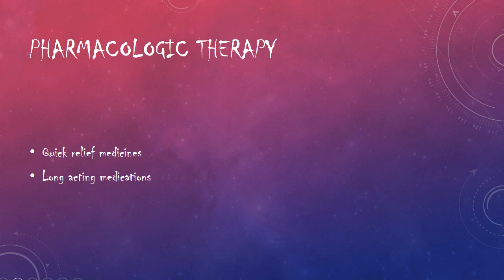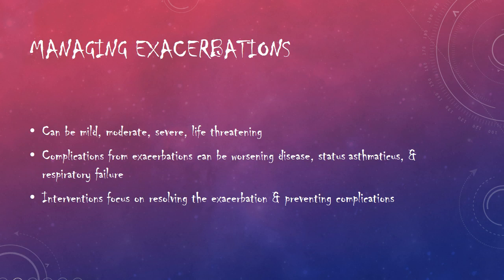So again, we have pharmacological therapy, which we have rescue medicines, which is the short-acting medicine, the short-acting bronchodilator, the albuterol. And then we have our long-acting medicines, which are like your steroids, your stabilizers, those types of things. You can have a mild, moderate, severe, life-threatening exacerbation.